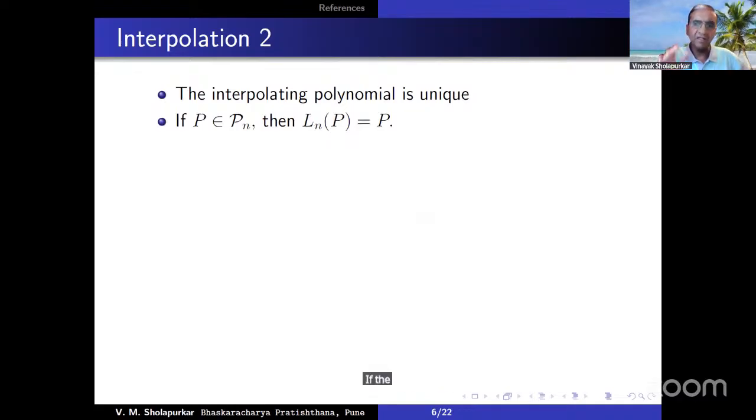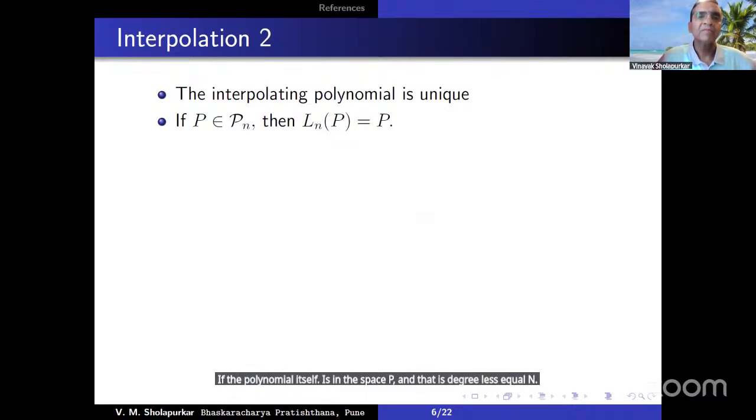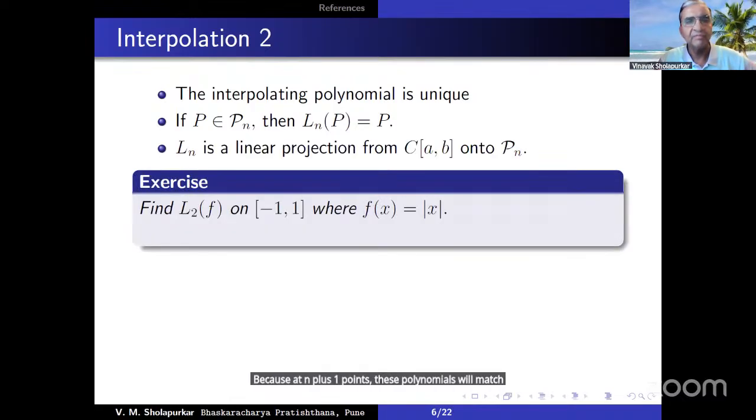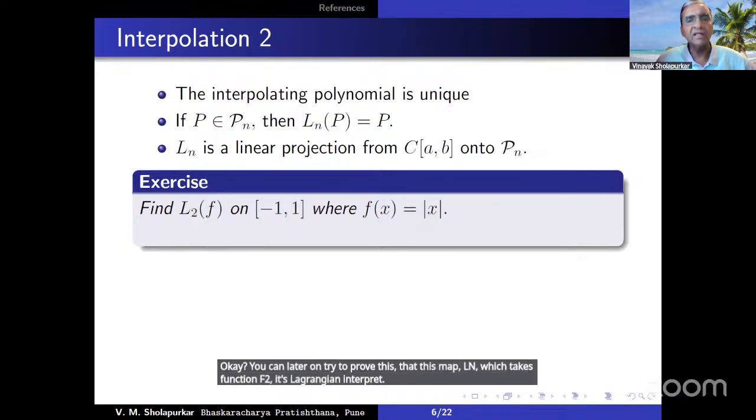If the polynomial itself is in the space Pn, that is degree less than or equal to n, then its interpolation by choosing n plus 1 nodes will be itself. That is very clear, because at n plus 1 points these polynomials will match, so they will be equal. Third point is Ln is a linear projection from C[a,b] to Pn. Okay, you can later on try to prove this, that this map Ln, which takes function f to its Lagrange interpolant, is a linear projection.